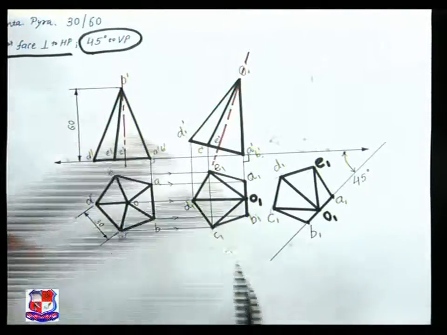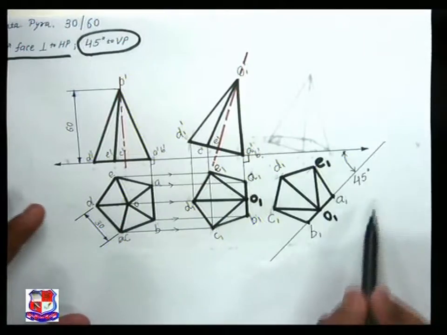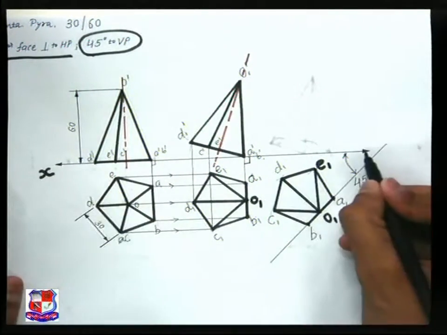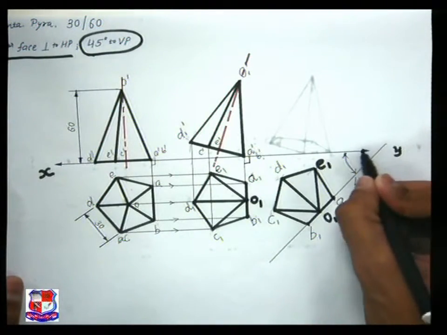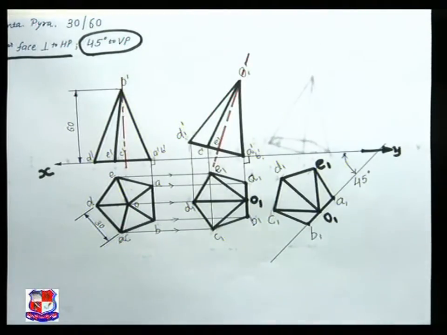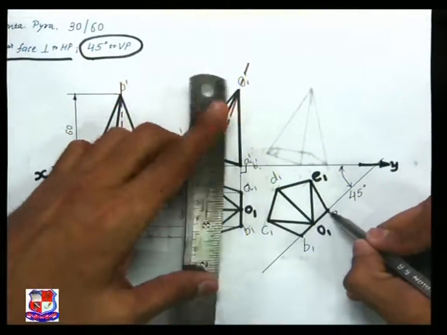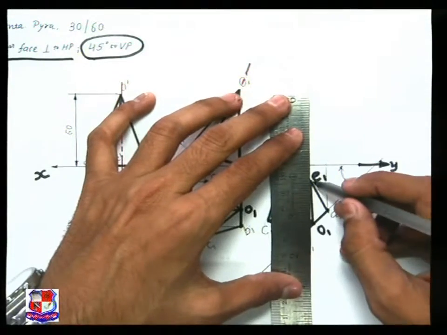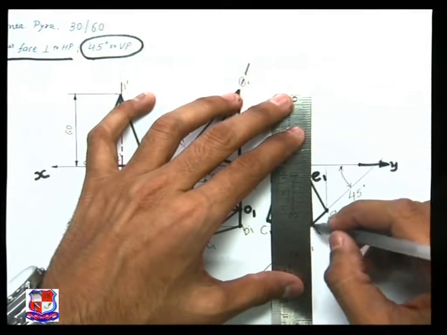So we have just redrawn this top view such that it makes an angle of 45 degree with this XY line. This is the XY line, right? Now we take projections and we can find out its front view. For that, from A, draw a straight vertical line. From E, draw a straight vertical line.